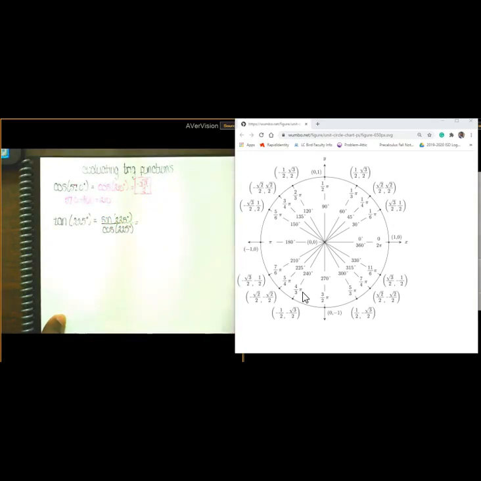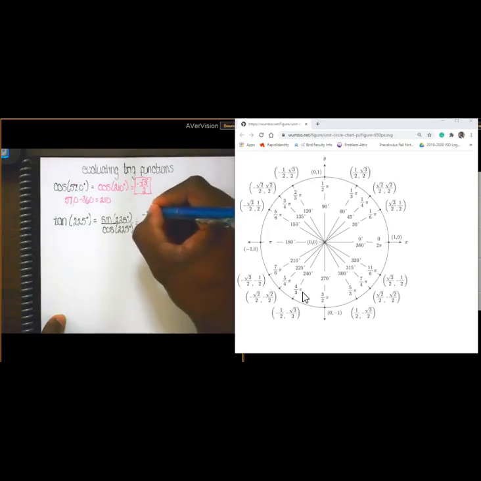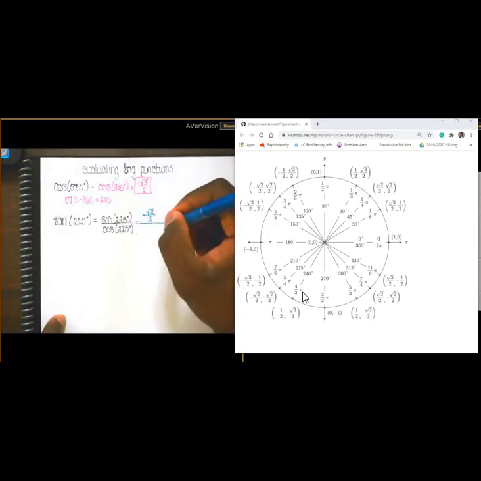What is sine of 225? And what is cosine of 225?